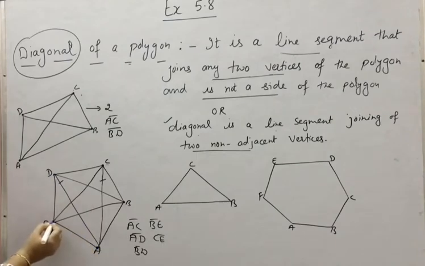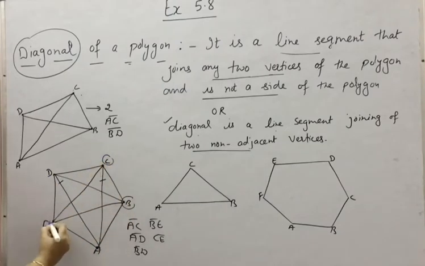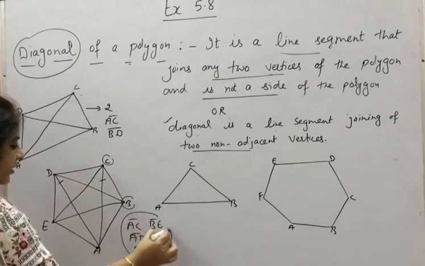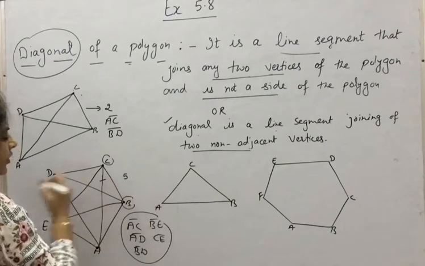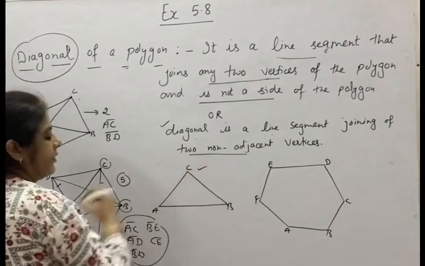Now come to E. The adjacent vertices are A and D, and the non-adjacent are B and C. E to B and E to C are already joined. So how many diagonals does a pentagon have? Five diagonals.